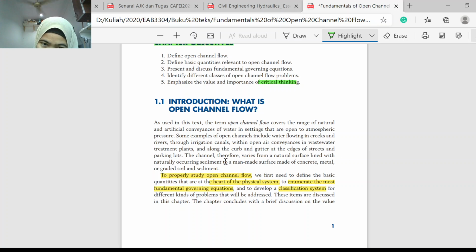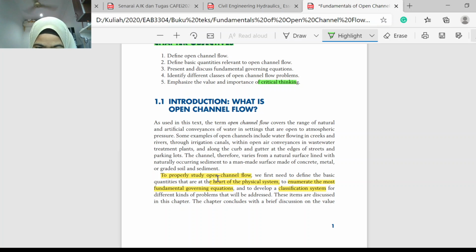The channel, therefore, varies from a natural surface lined with naturally occurring sediment to a man-made surface made of concrete, metal, or graded soil and sediment. So anything that you can imagine. You just observe your surroundings and you can see open channel flow. The easiest is the drain, right, behind your house, next to your house, in front of your house.